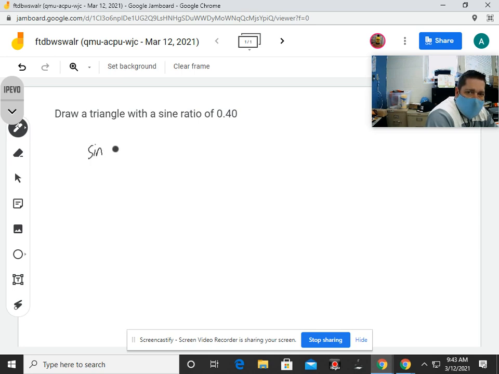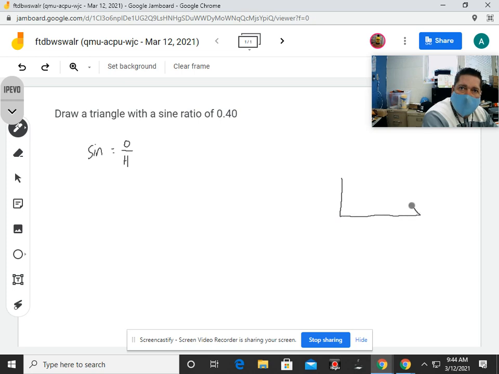So the sine is going to compare the opposite length to the hypotenuse. So just to think about this, if I, oh, that is terrible. What am I doing? Let's try it again.